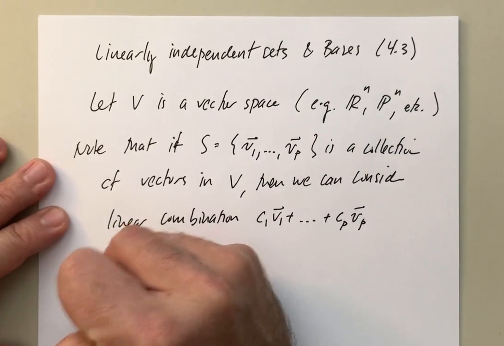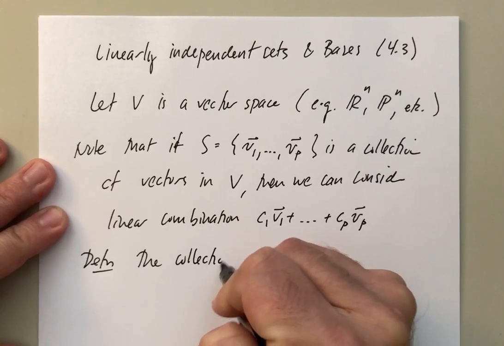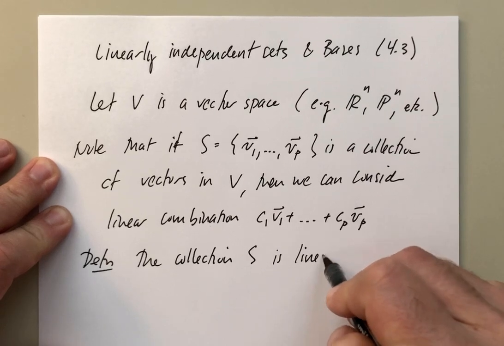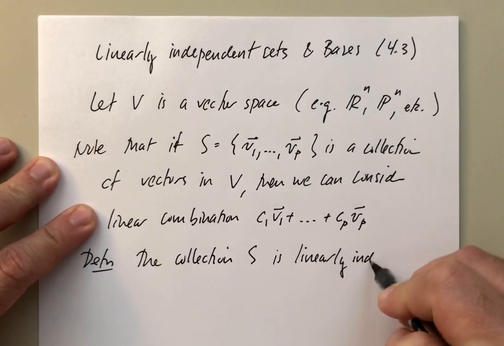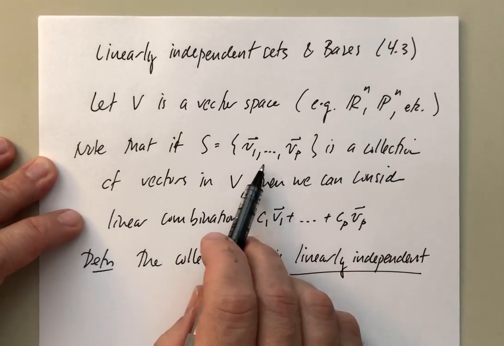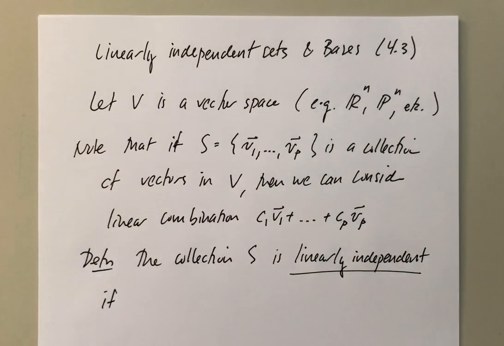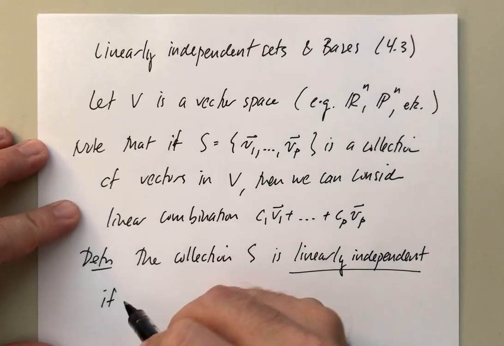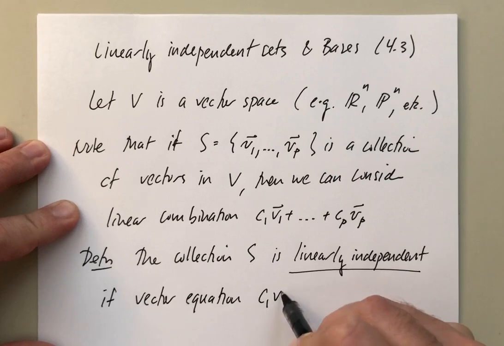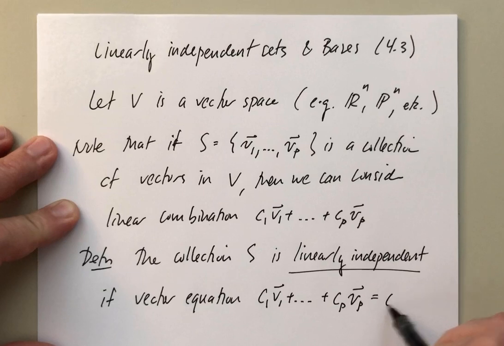And so here's the definition. The collection S is linearly independent. So, this is a notion that refers to a collection of vectors. This collection of vectors is linearly independent if, well, this is going to look familiar. This is the same definition we use for the case of Rn. So if the vector equation, what I can do now is say, can I make a linear combination of these vectors so that I get 0?